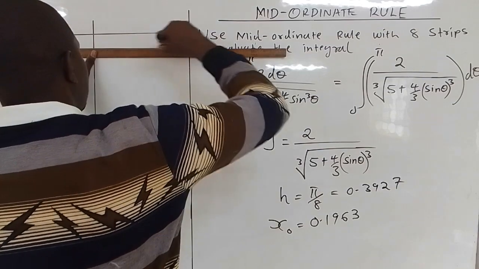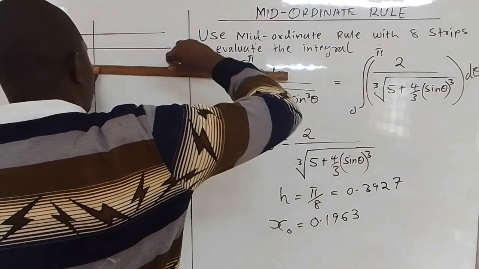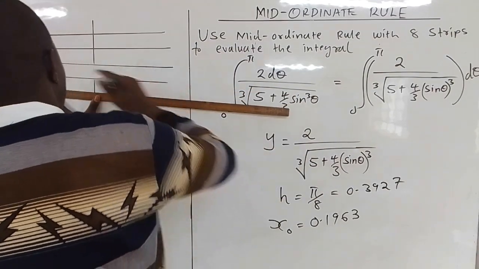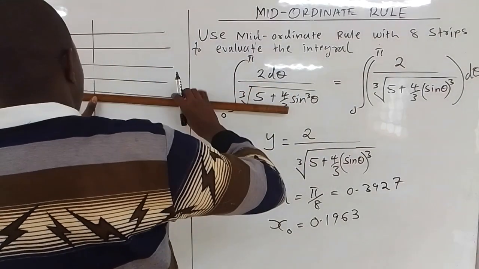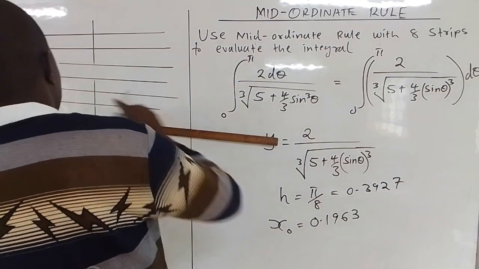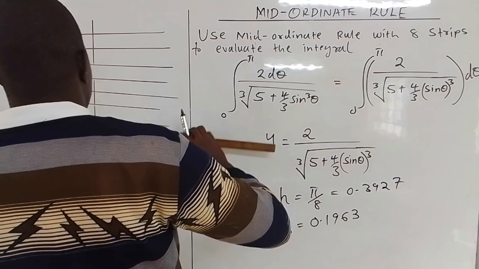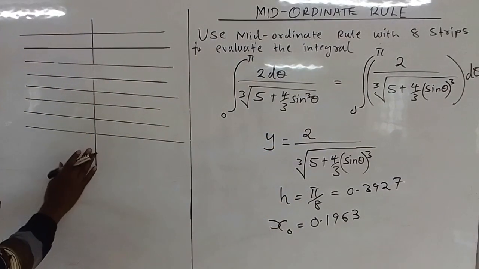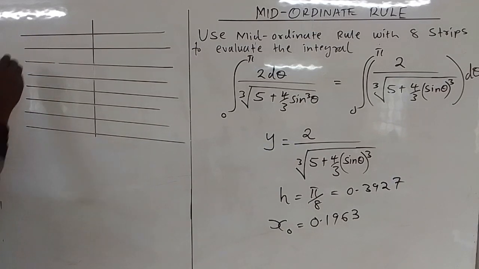1, 2, 3, 4, 5, 6, 7, 8. So you divided that into 8 parts. So the first part is what? x0.